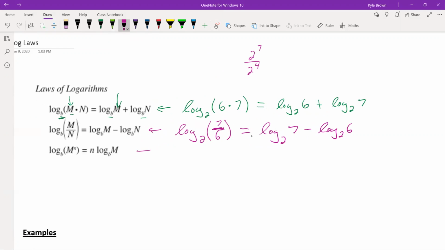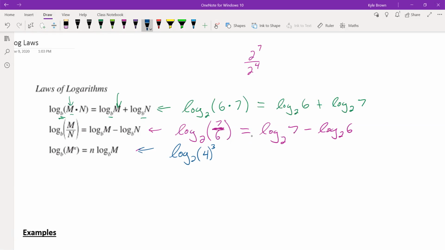And then the third one is this. If I had a situation like log base 2 of, let's say, 4 to the power of 3, either with the bracket on the outside or the bracket around the 4, either one would be the same thing. Here's this log law.